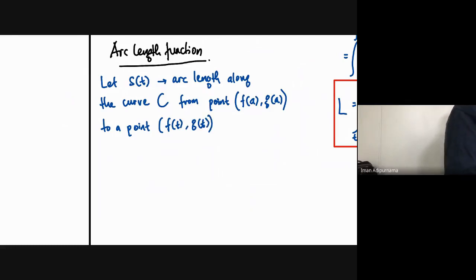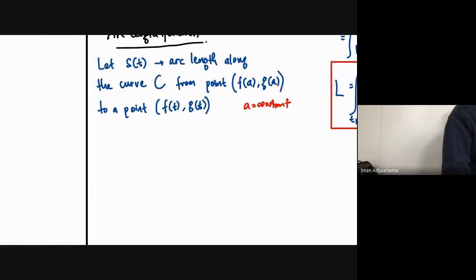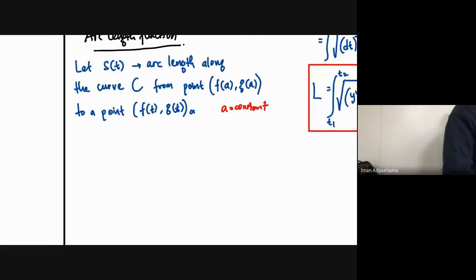So a is a constant, and it's still on C.